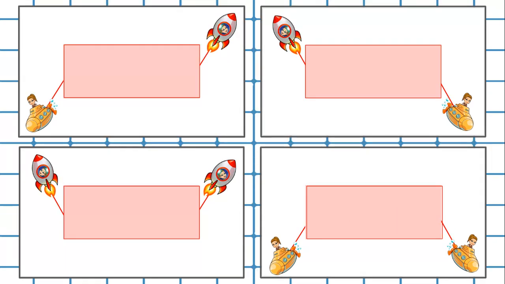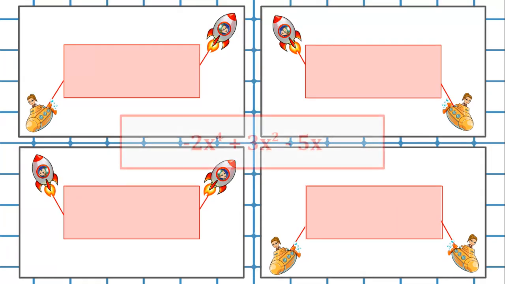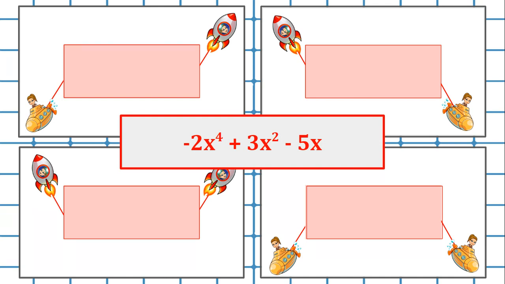So now we're going to go through some examples. I'm going to end up sorting these. Negative 2x to the 4th plus 3x squared minus 5x. Now my degree is even. My degree is going to be 4 because I have negative 2x to the 4th. Since I have an even degree, I know they're both going to go in the same direction.